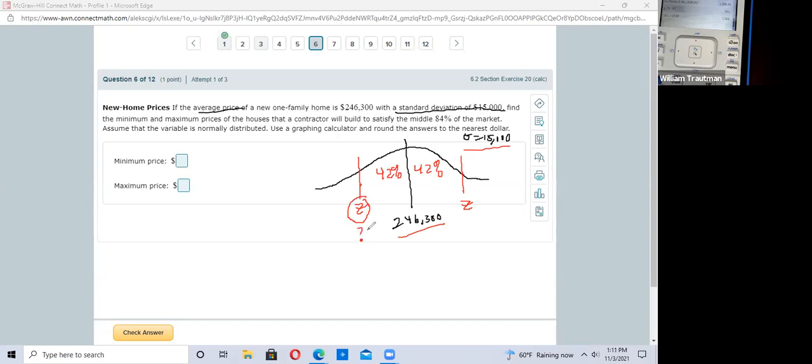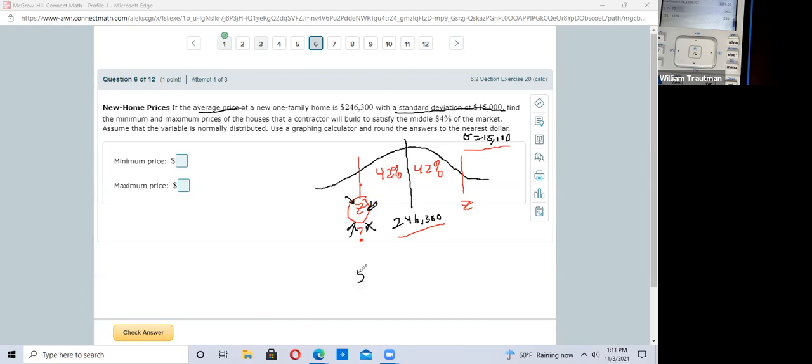Can somebody tell me what percentage I should use in inverse norm if I want to find this value?